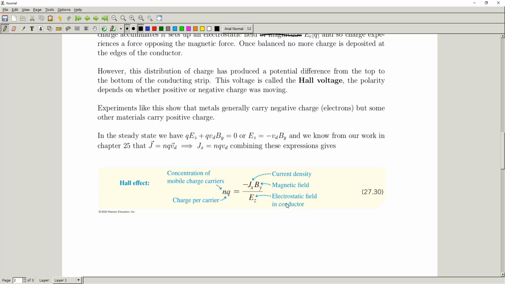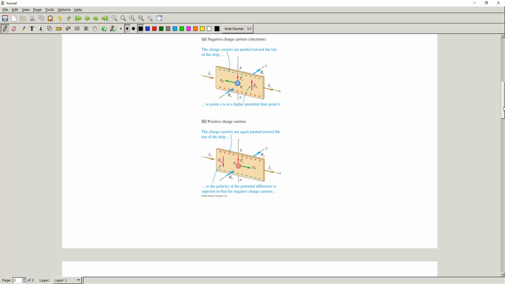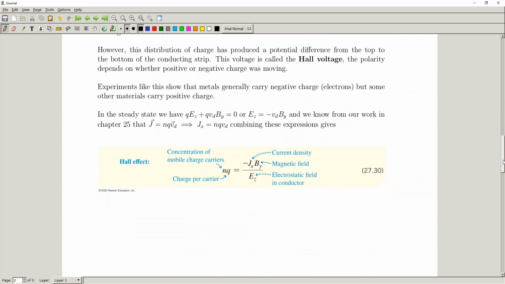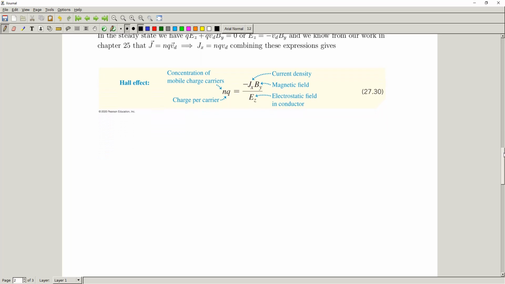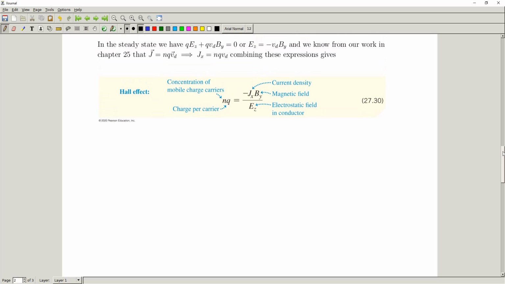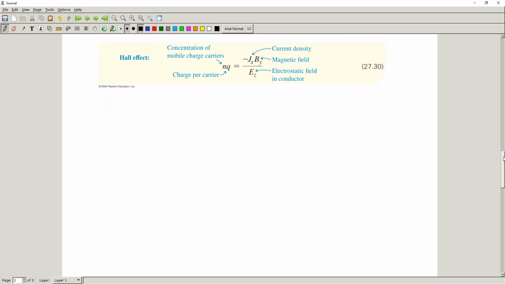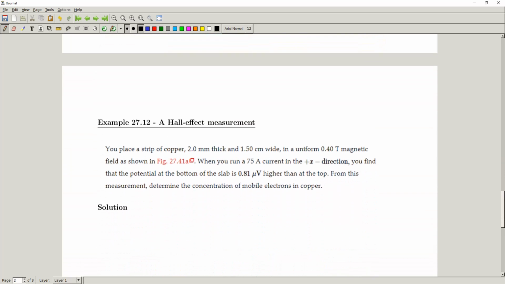Okay, and each of these has its direction by the way it's drawn on the diagram up here. So this is another useful equation that we're going to want to have. This will get added to the formula sheet at some point, and we can do an example using this equation that will demonstrate how we could use it and what important information we can pull out of it.